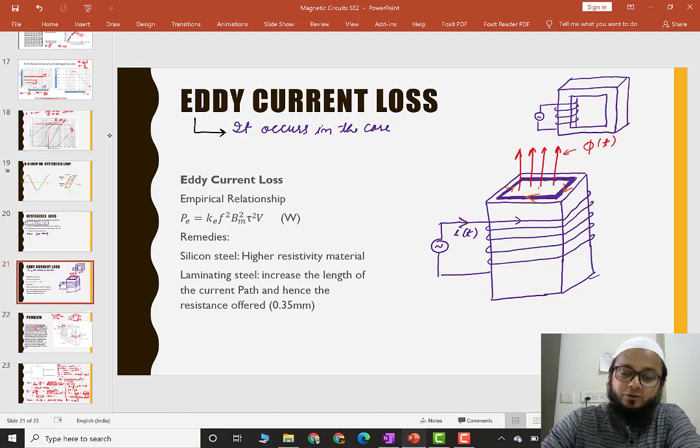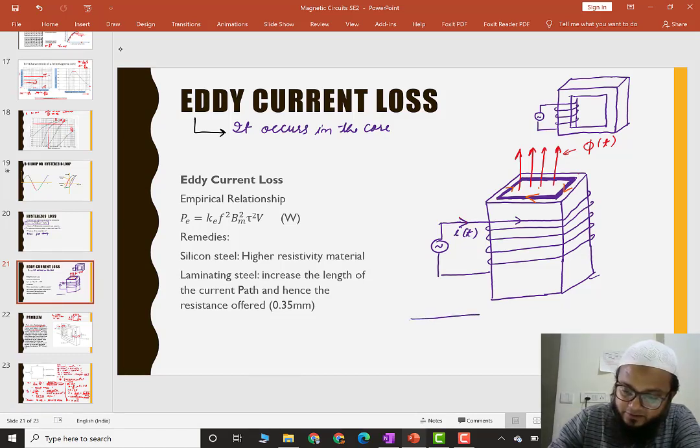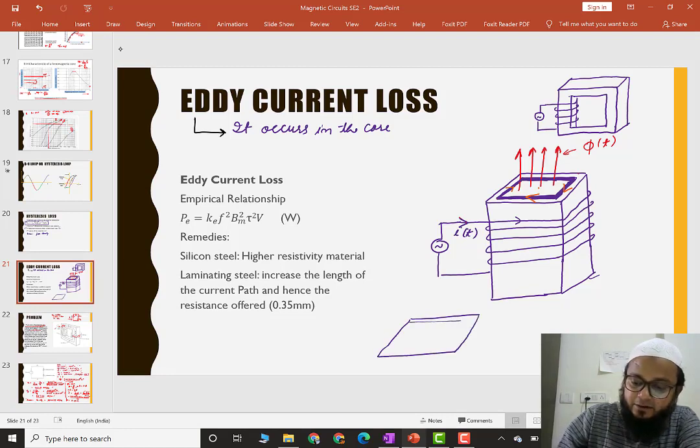So what are the remedies to counter these eddy current losses? Let's say we take the 3D cross-sectional area of this core. If we divide this solid block of core into thin laminations, and these laminations are insulated from each other, then the path of this current has been increased.